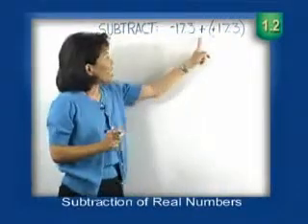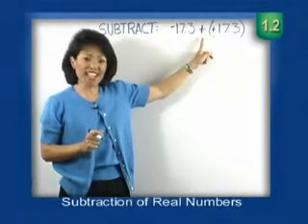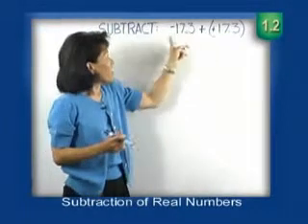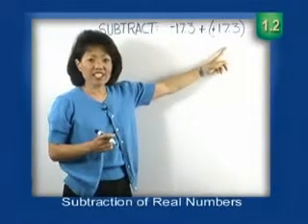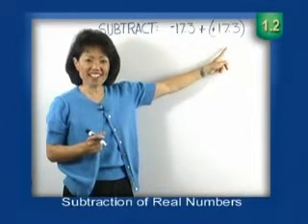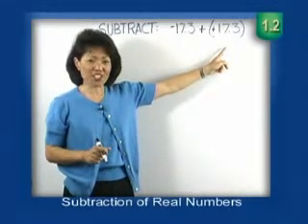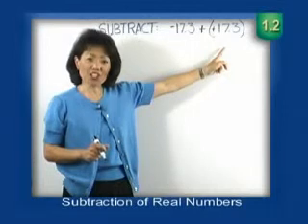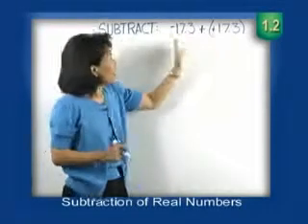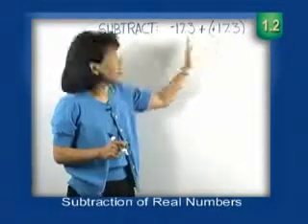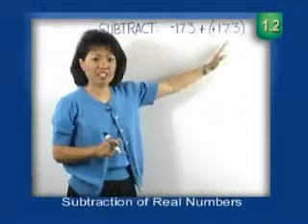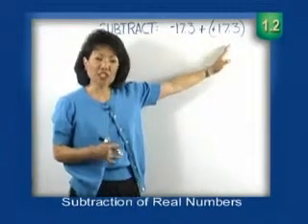Now again, we return to our rules for addition, and that is, if the signs are different, disregard the signs, subtract the smaller from the larger, take the sign of the larger in absolute value. In this particular problem, notice we have the same number, 17.3 and 17.3. So neither is larger or smaller.